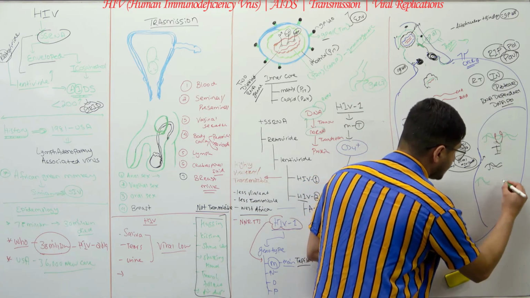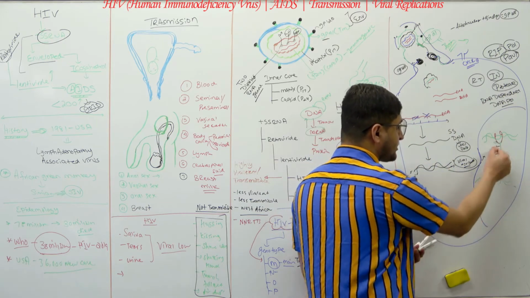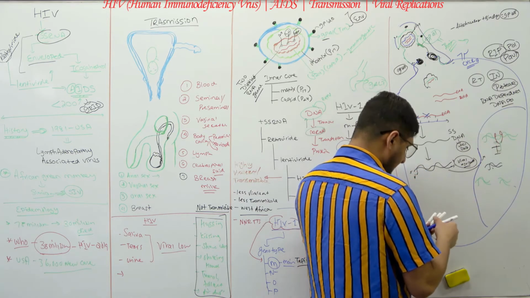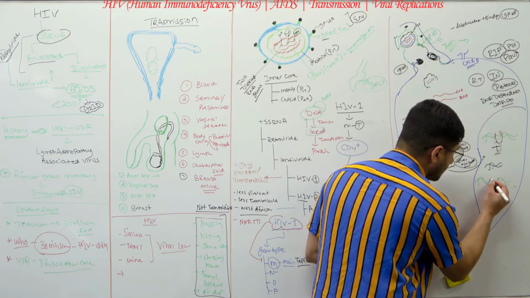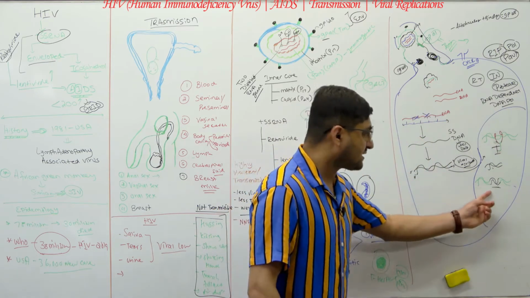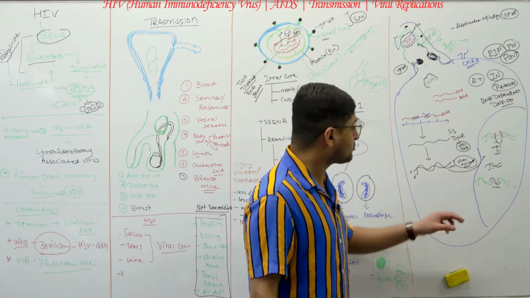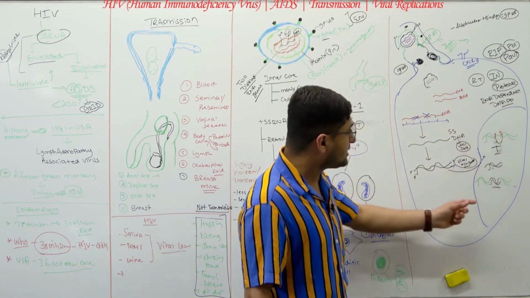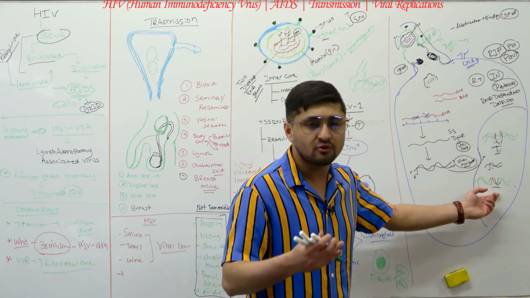The integrase makes a snip or a nick, cutting our DNA, and then it inserts the viral DNA. So one of the functions of the integrase is to incorporate the viral HIV DNA into our host cell DNA. That's one of the things it does, right?